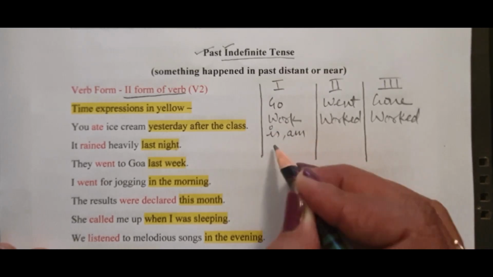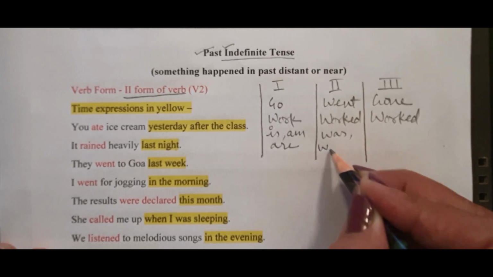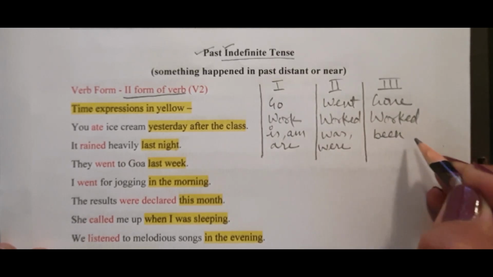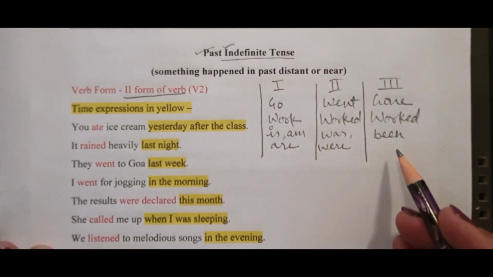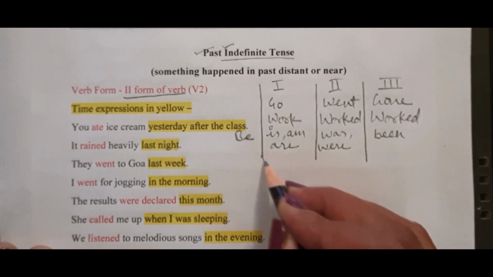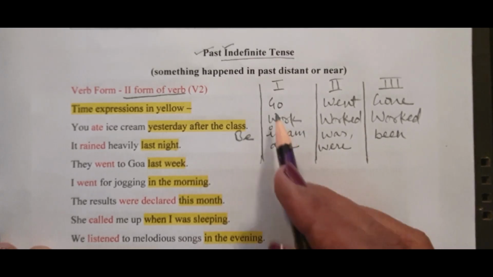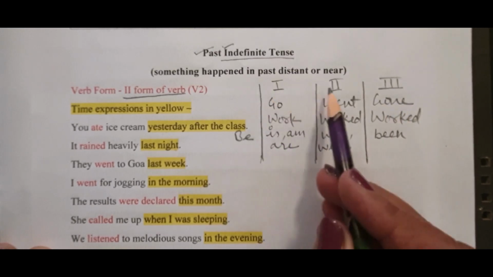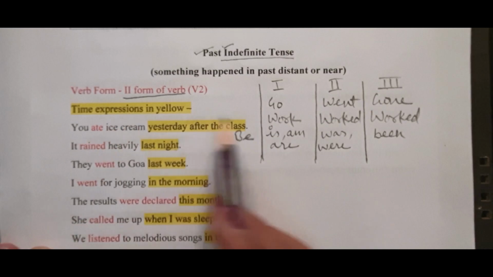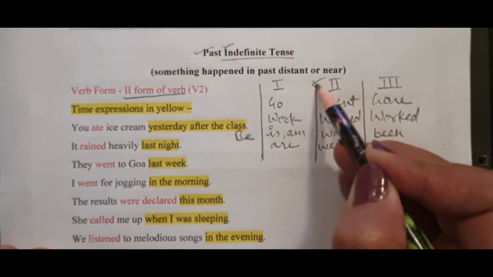Is, am, are, was, were, been. These are the forms of the verb be. So all the action words have got three forms: present form, past form, and past participle form. And for past indefinite tense, we will use second form.